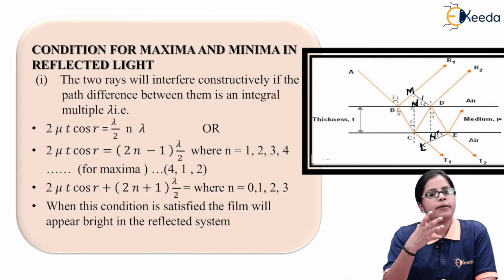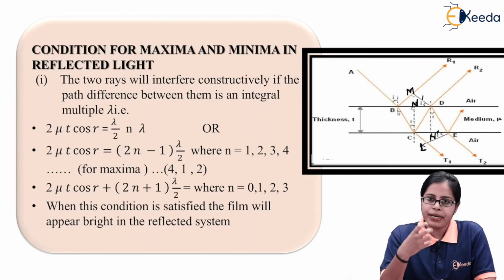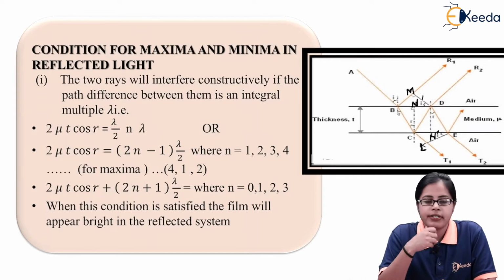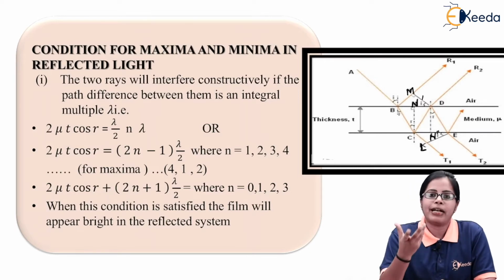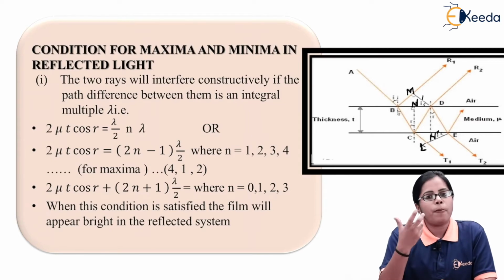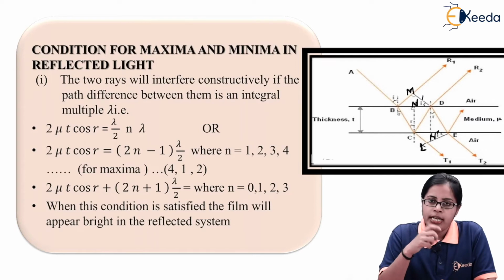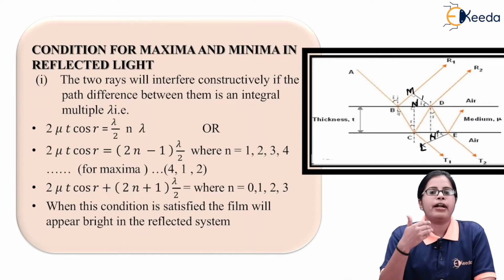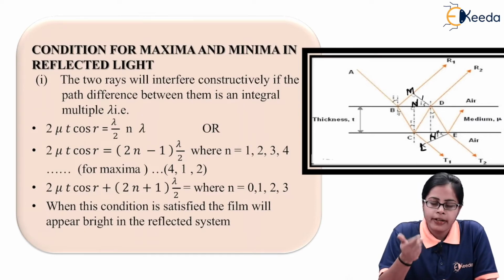Like if we consider the path difference to be integral multiple of lambda, then the interference is called as constructive interference, or it will give me maxima, or it will give me a bright band. But if I get the optical path difference as odd multiple of lambda by 2, then I will get destructive interference, or that band is going to be minima, or that band is going to represent as a dark band.